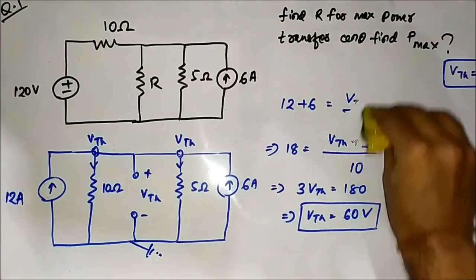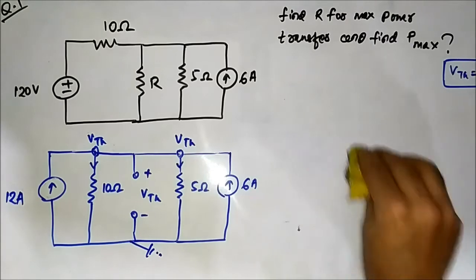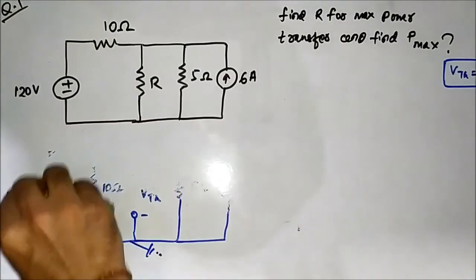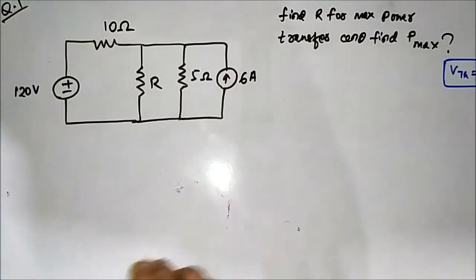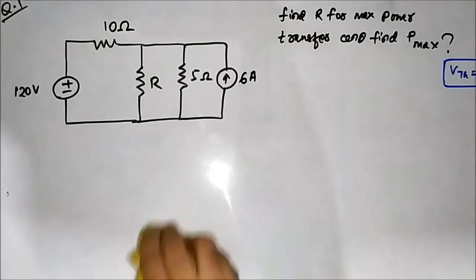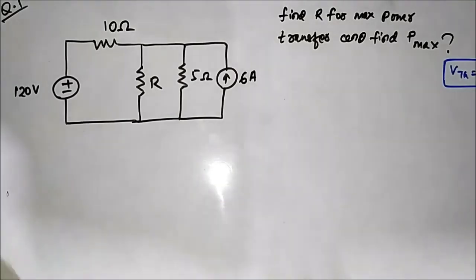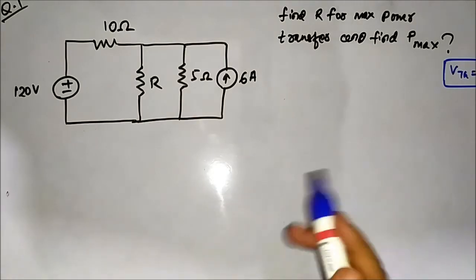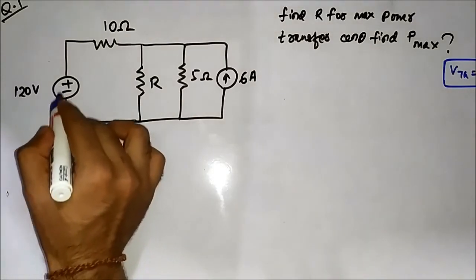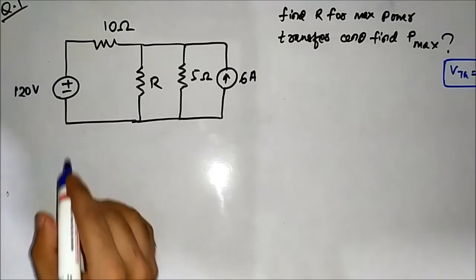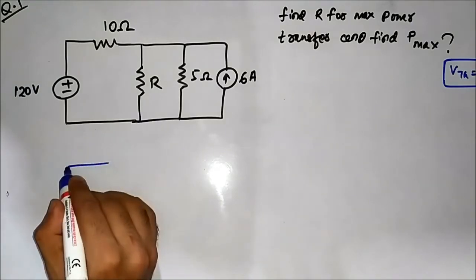So for RTH calculation, simply we have to deactivate all the independent sources and find the equivalent resistance. So here this 120 volt will be short circuited, so like this.